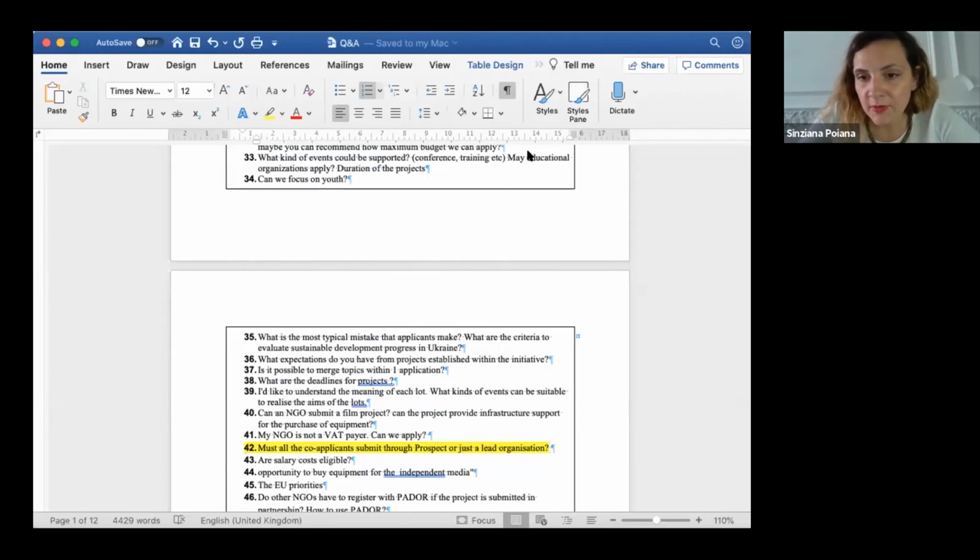So basically the first question that I received in the chat was asking, please kindly clarify the following question: what item of the guidelines specifies the expected results for each lot, if any? So then I was making a clarification that we don't set expected results. This is up to you and the action. We set the objectives of the funding because this is our prerogative, it is the funding the EU makes available.